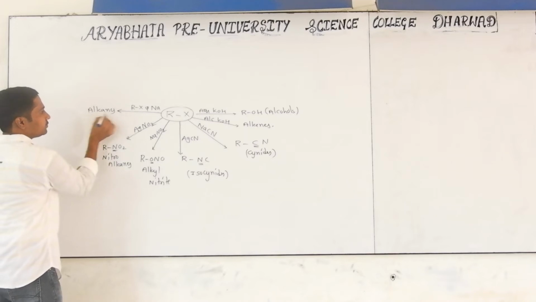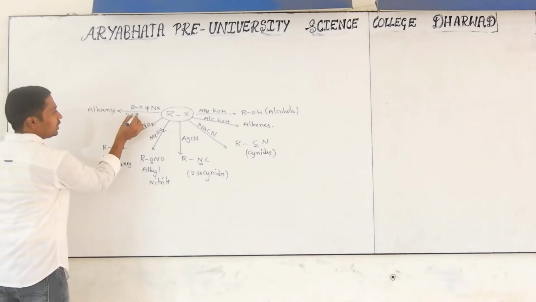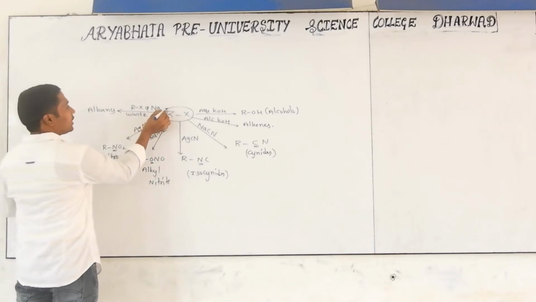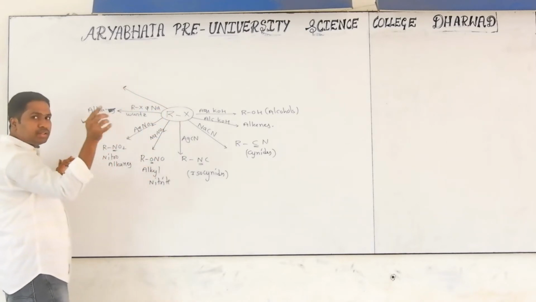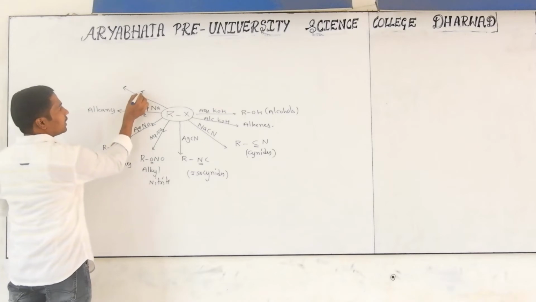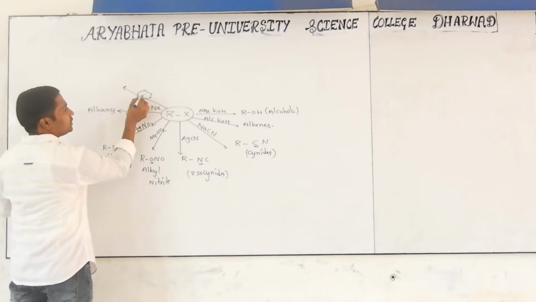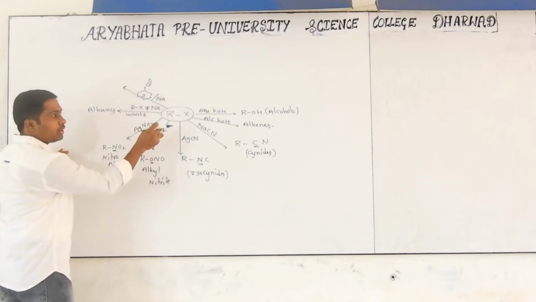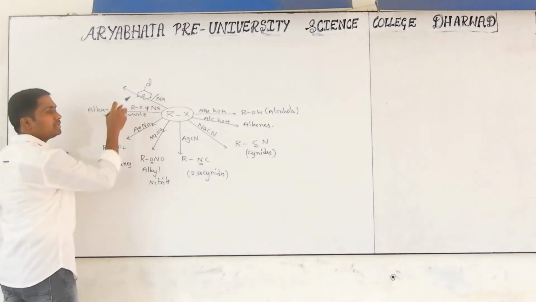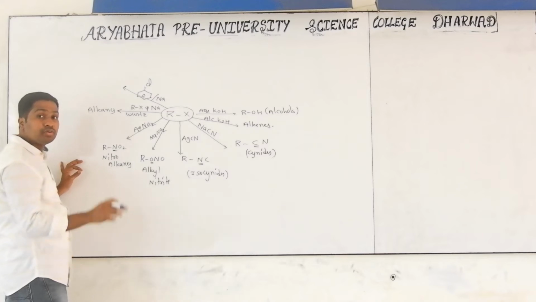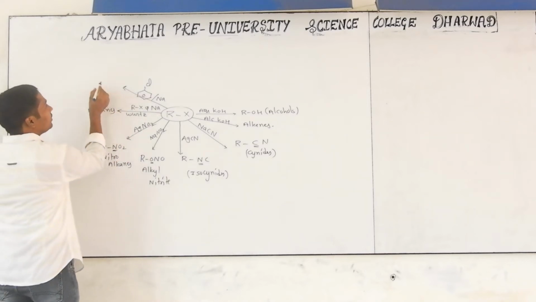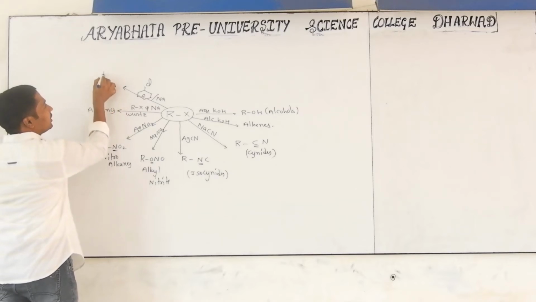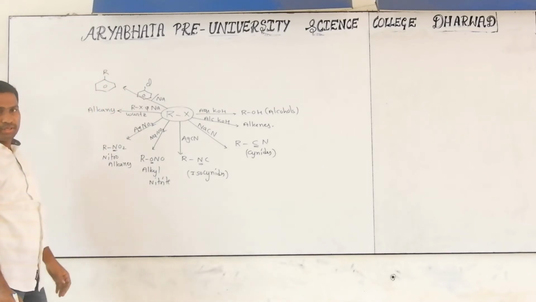Then the same alkyl halide may react with an aryl halide like chlorobenzene in presence of sodium metal. One is an alkyl halide, another is an aryl halide. What is the name of the reaction? The Wurtz-Fittig reaction. Then we are getting alkylbenzenes, where the alkyl group is attached to the benzene ring.